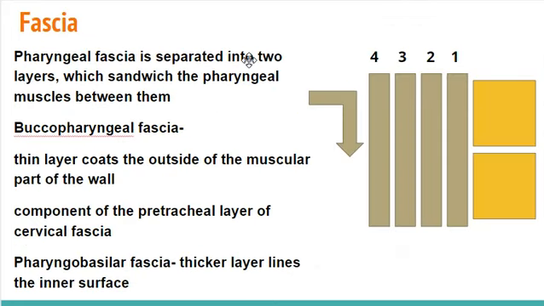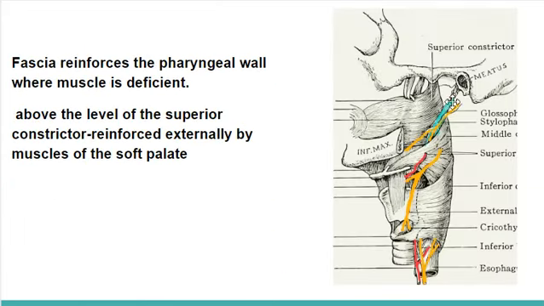Then we saw that the fascia of the pharyngeal wall could be divided into two layers, which were the external buccopharyngeal fascia and the internal pharyngo-basilar fascia. Between them sandwiched was the muscular part, or the skeletal muscle. Then we also saw that wherever there was a gap in the muscular walls, it was reinforced by fascia.